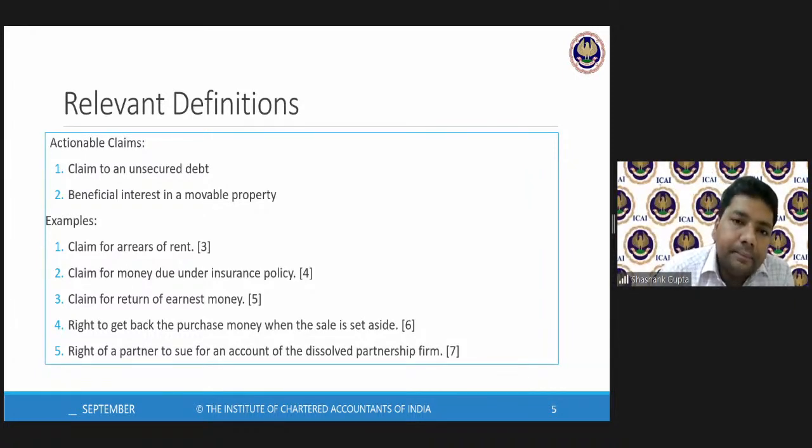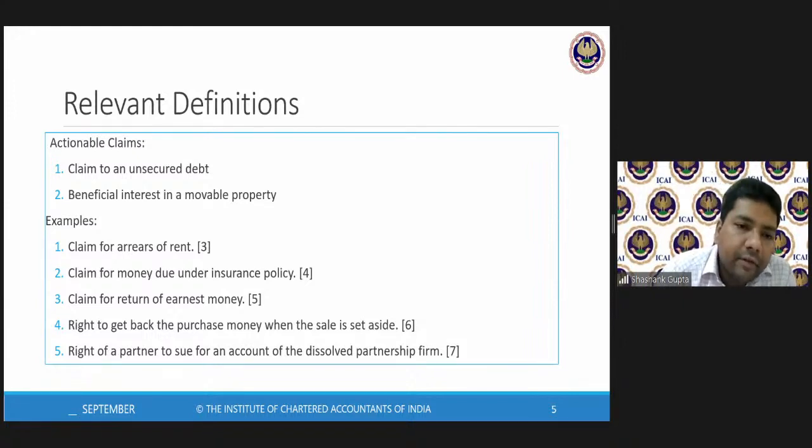Unsecured debt is a debt which is not secured by any property, by any asset. And secondly, it could also be a beneficial interest in a movable property, not an immovable property.